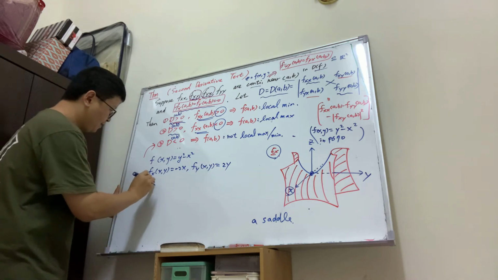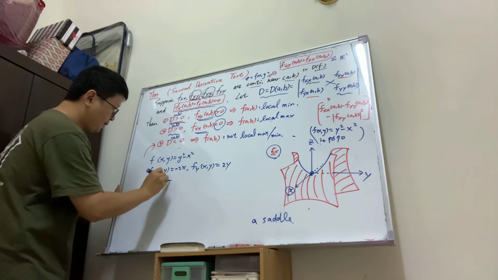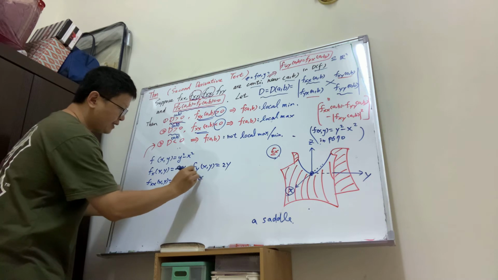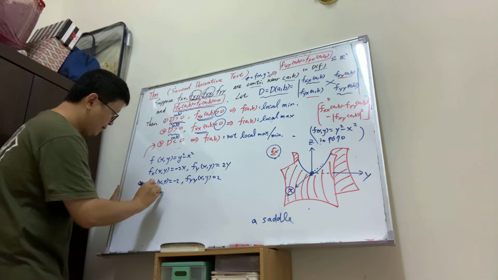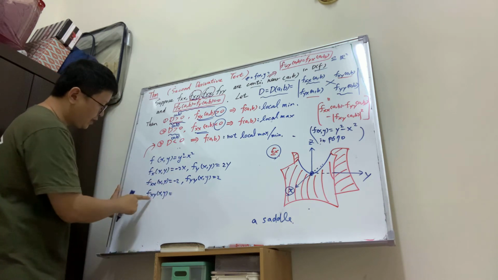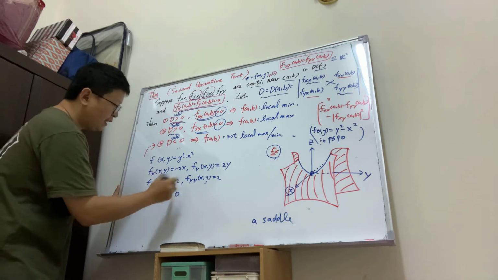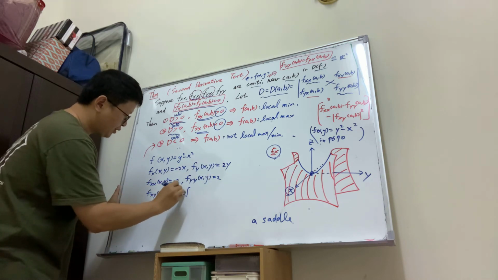And f sub xx is equal to negative 2. And f sub yy is equal to 2. And f sub xy: if we take its derivative by y, then it's 0. And taking the derivative by x, it's also 0.